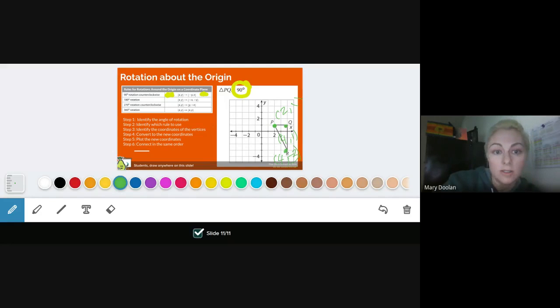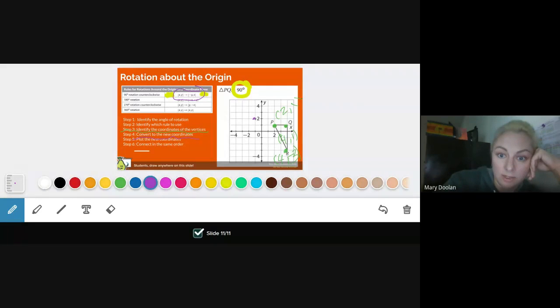All right, so that was step 3, identify the coordinates of the vertices. And then step 4, we're going to convert the new coordinates. So I got to change them with this rule up here of switching the order and making y the opposite sign. So let's start with P, (2, 1) becomes (1, 2), and then I have to change the sign of the y. So negative 1, positive 2.